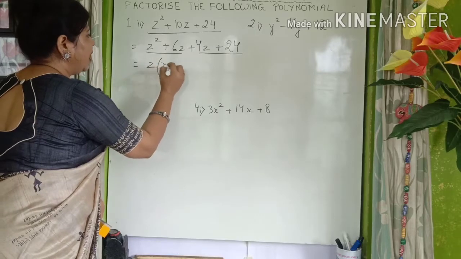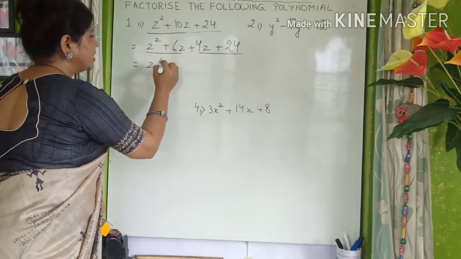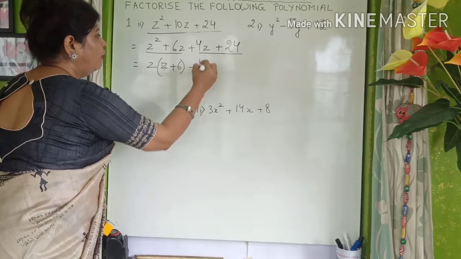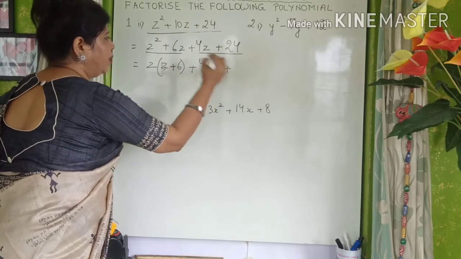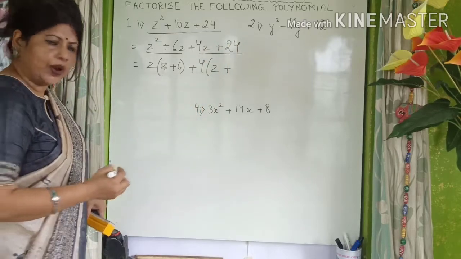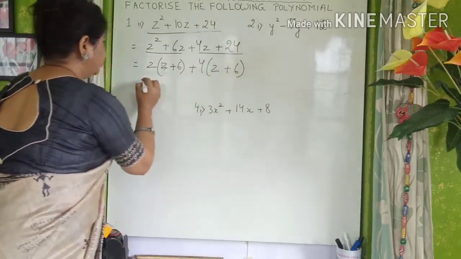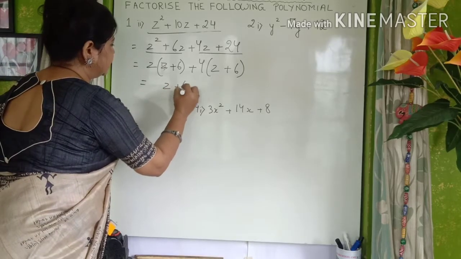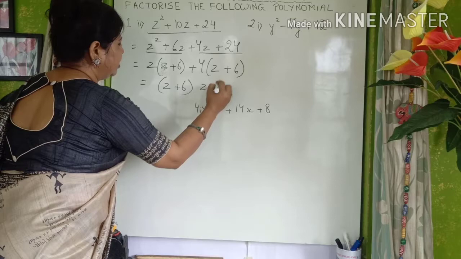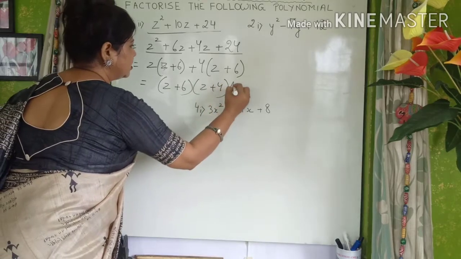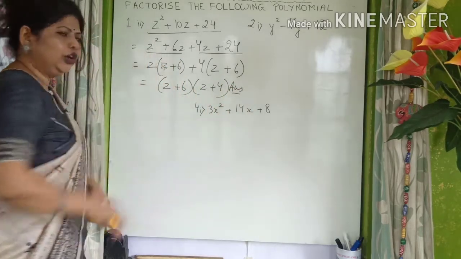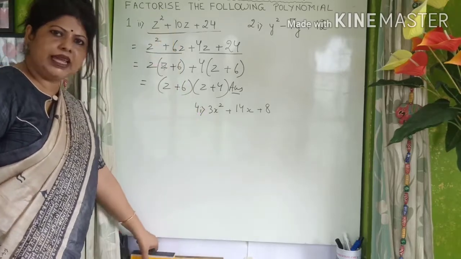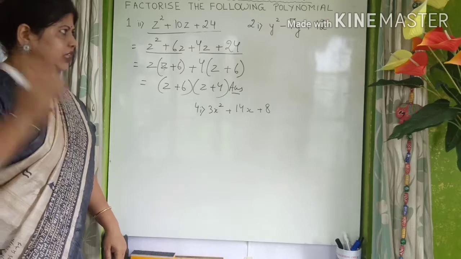Z. What remains? Z plus 6. Plus what is common here? 4. What remains? Z plus 6, 4 sixes are 24. So you can see what you got back: z plus 6 and z plus 4. And this is your answer. Followed? So we have factorized the given expression by using x plus a and x plus b.